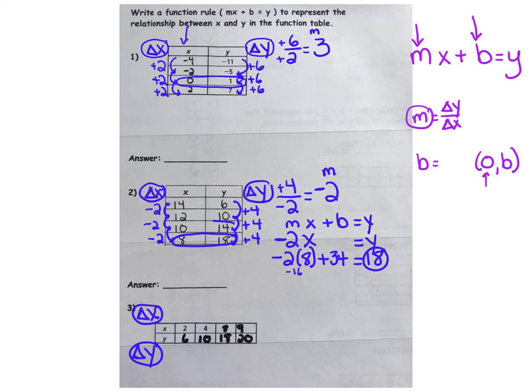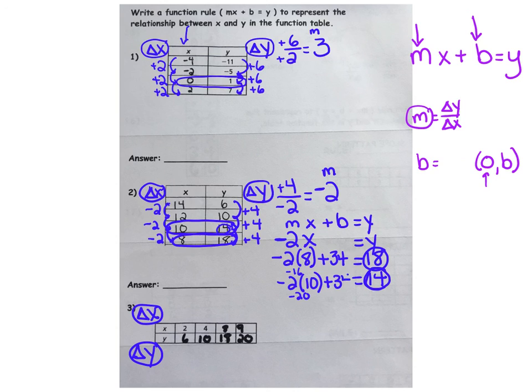Let's try another one. Let's try and connect 10 as an input value to an output of 14. Negative 2 times 10 plus blank equals 14. Well, negative 2 times 10 is negative 20. What would you have to add in order to arrive at an output of 14?